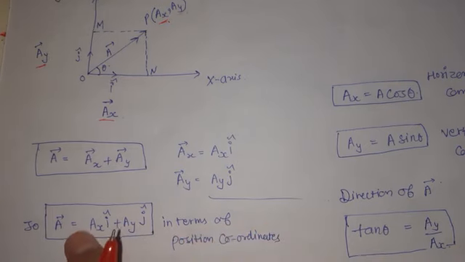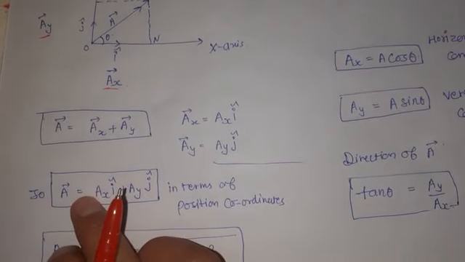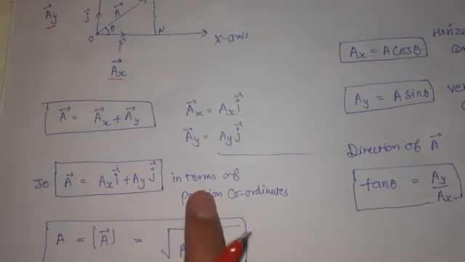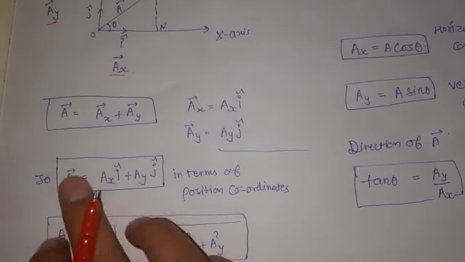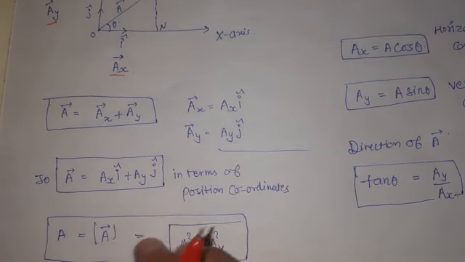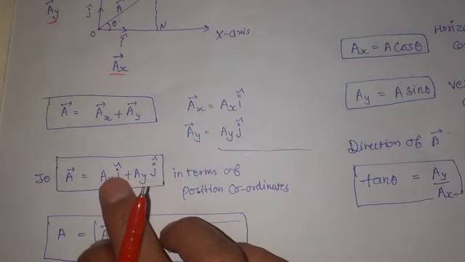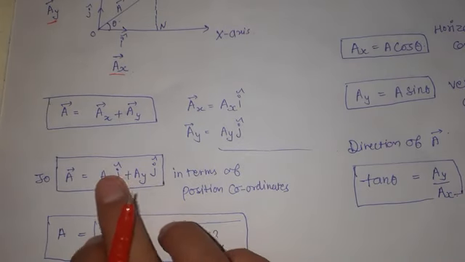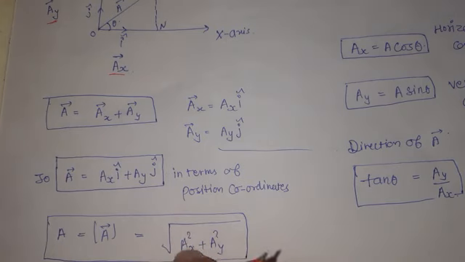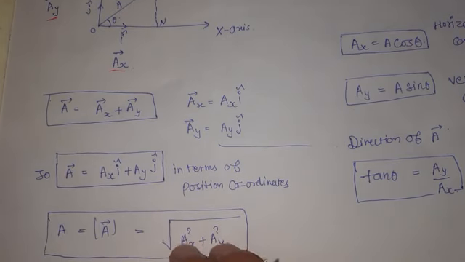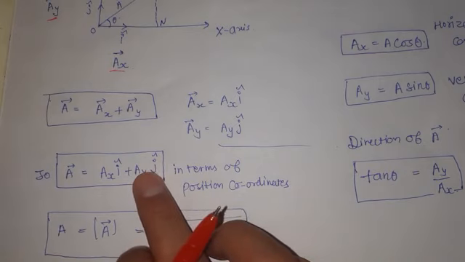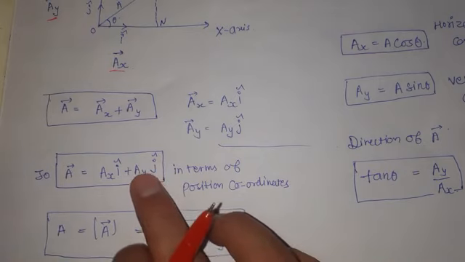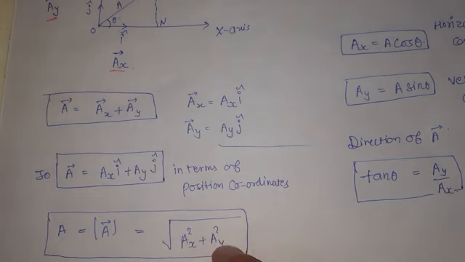Now if we write this given vector in its position coordinates, how will we find its magnitude? Magnitude is taken with the modulus, and we take the square of the term along the i unit vector, which is Ax, plus the square of the term along the j unit vector, which is Ay, and the whole under root.